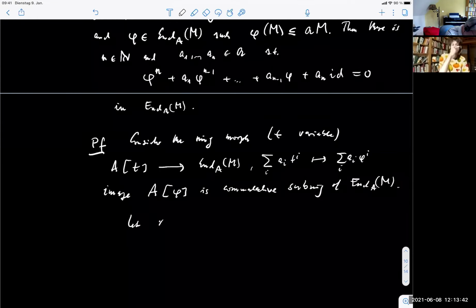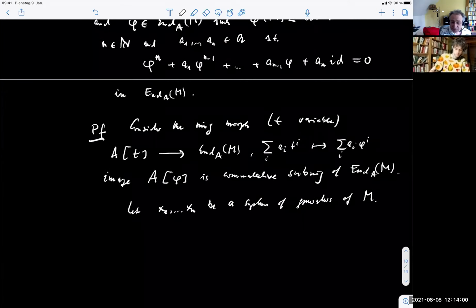So let's give a name to this system of generators. Let x1 up to xn be a system of generators of my module. Now I can define a matrix.